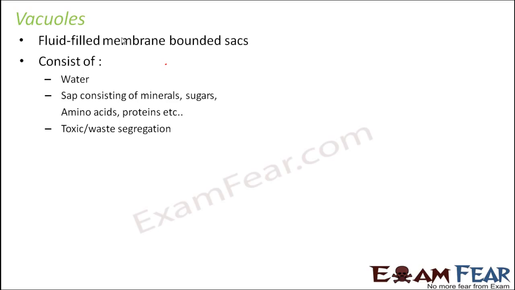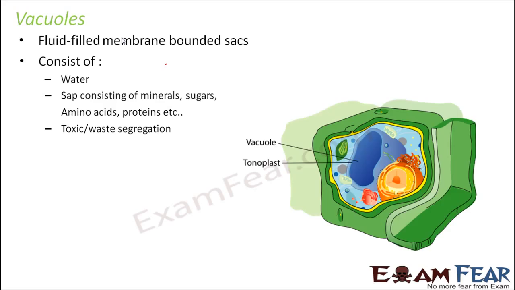They also consist of toxic or waste segregation, that is, the waste materials are also kept separated inside them. Now here you can look at this picture where you can very clearly see this blue colored big vacuole. This is your vacuole, and this membrane which surrounds the vacuole is known as tonoplast.